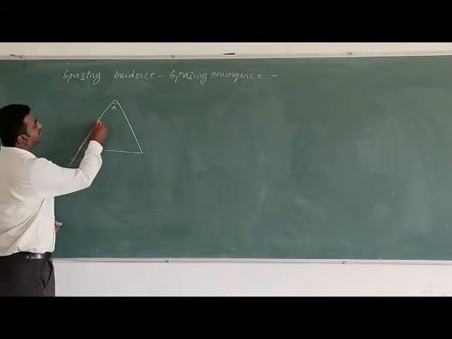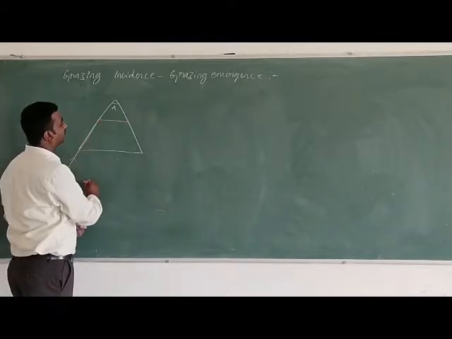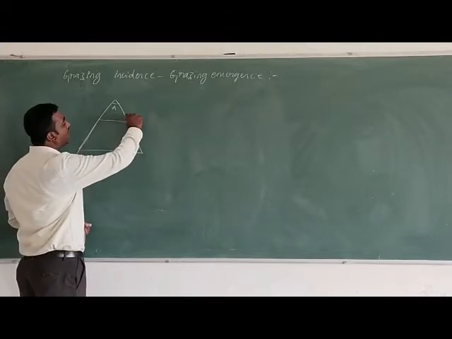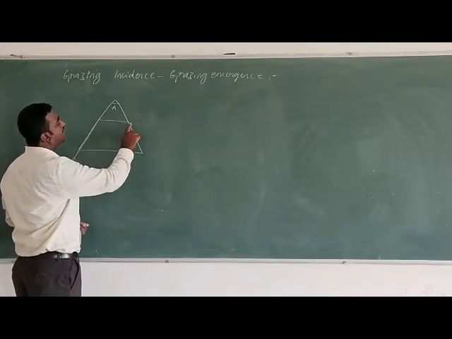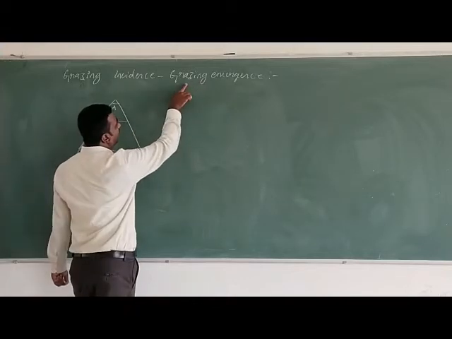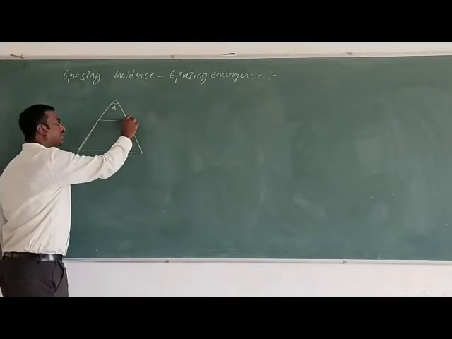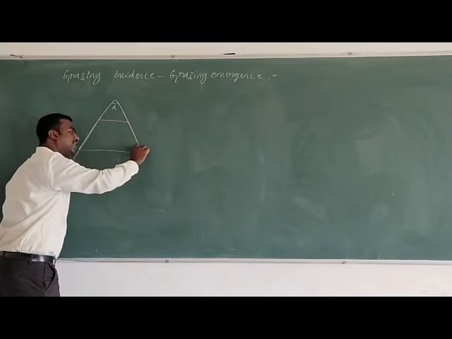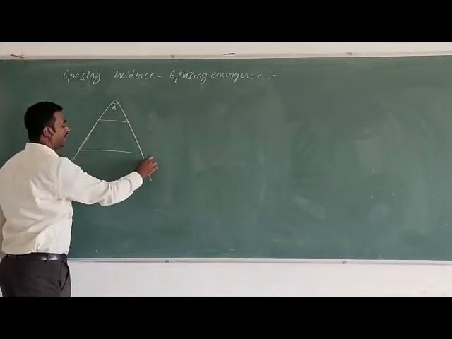At a certain stage it gets refracted. Once again, while emerging, there is a change in medium, and the light ray emerges to the outside. That emerged light ray also grazes the surface.